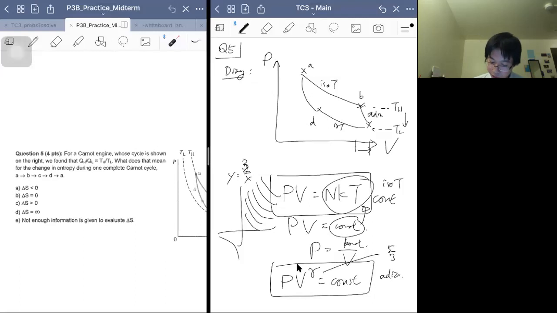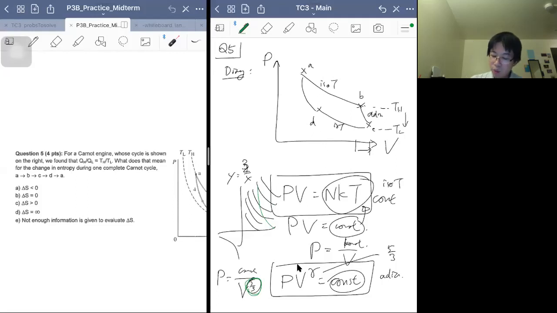The function is P equals some constant divided by V to the gamma, where gamma is larger than 1. So it's a curve that is not as flat as this, but steeper, because this number is larger than 1. It decreases faster.